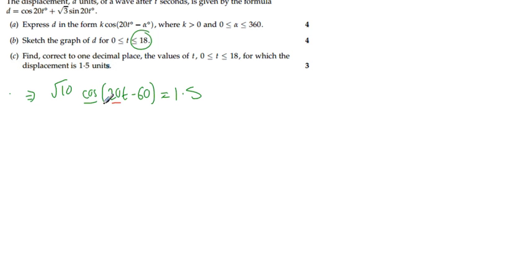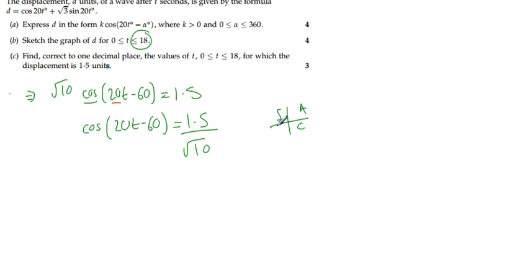Again, we've got cos(20t minus 60), that is a single trig function. So we have to cancel everything out and get it to the other side. So root 10 is going to divide by first. So cos(20t minus 60) is equal to 1.5 over root 10.